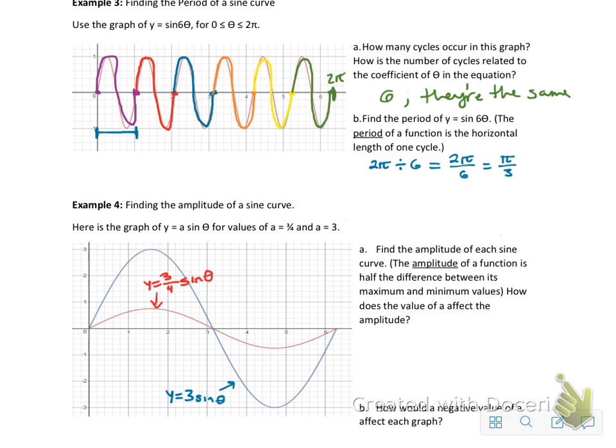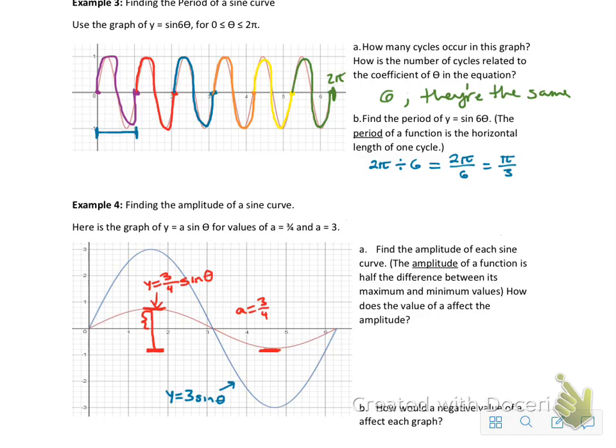Now, if the highest point on the red function is right here, and the lowest point is right here, then halfway from one to the other would just be the distance from the x-axis to the top. Now that doesn't always happen. Sometimes your sine functions are shifted up or down, in which case you'd really have to find that difference. But in the red's case, this is actually just 3/4. So the amplitude here is 3/4.